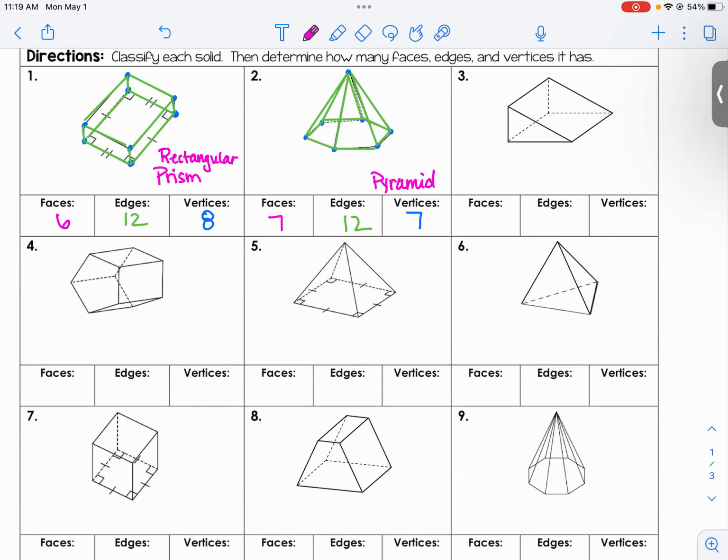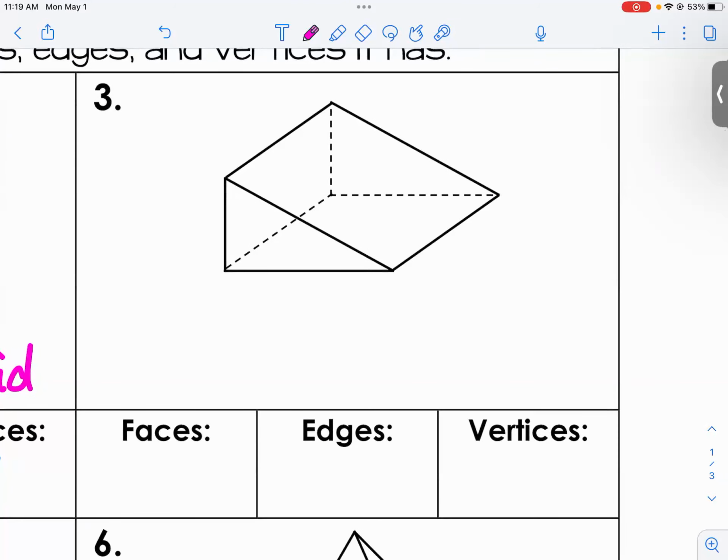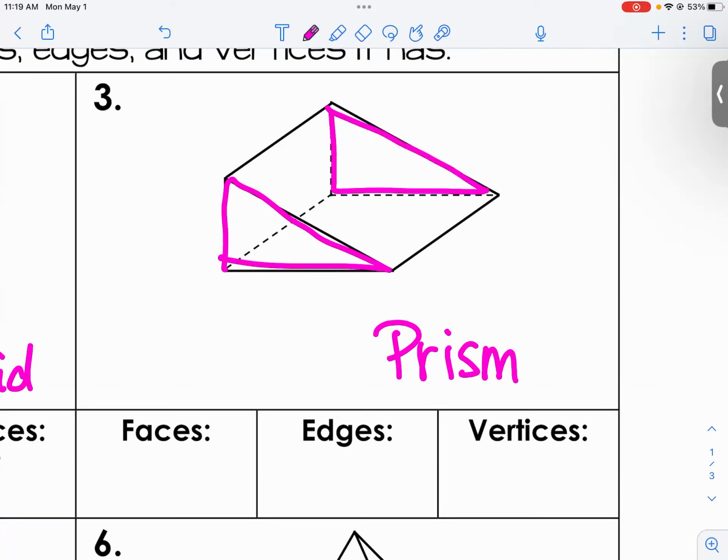All right, eyes up here. Arislin, what do you think for number 3? Is it a prism or pyramid? It is a prism. Okay, so we have 2 triangular bases. So we would call this a triangular prism.